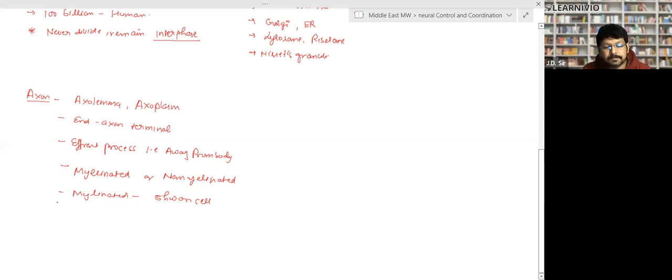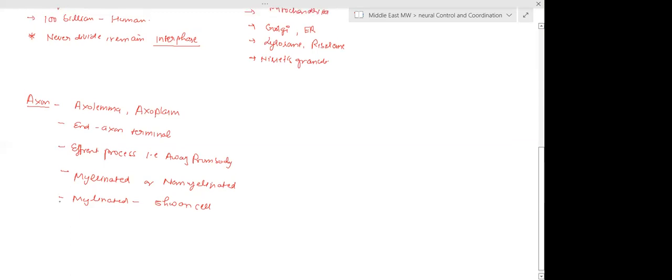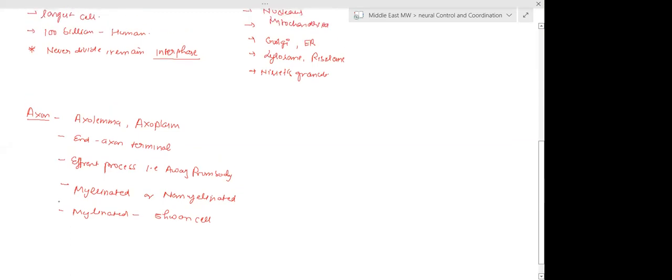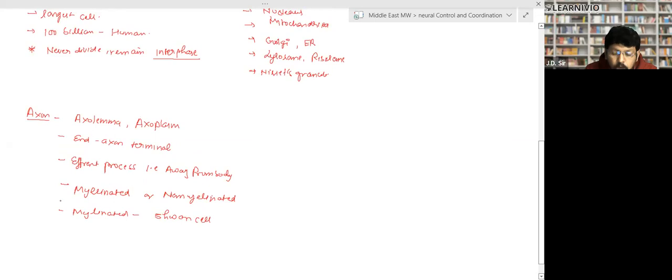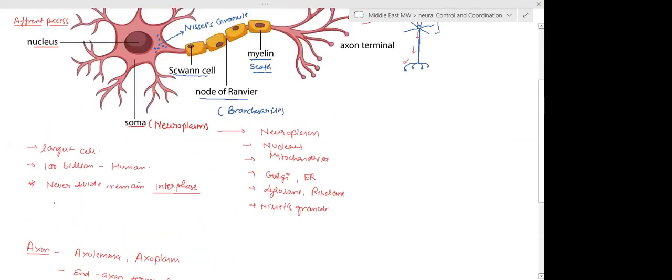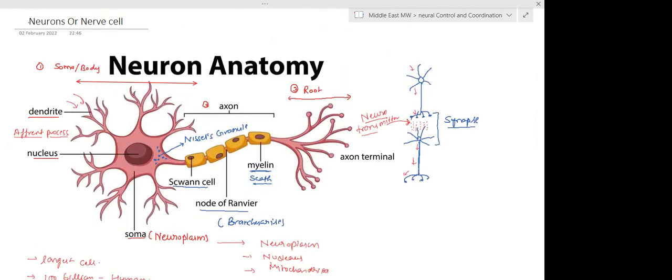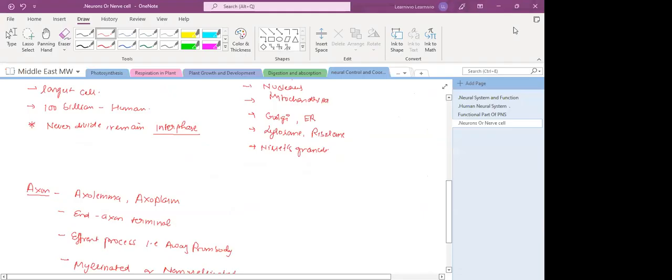Non-myelinated neurons do not have Schwann cells. I think it's clear to all of you, right? No, what are Schwann cells?